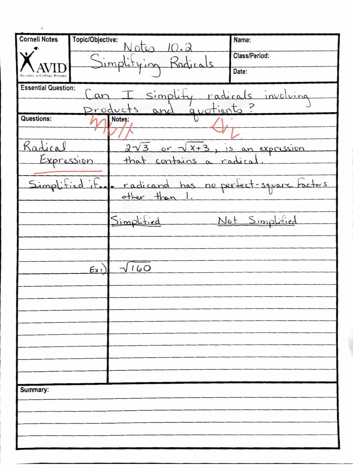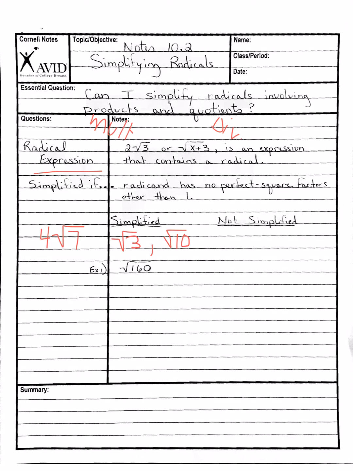So if we have the square root of 3, that is simplified. There's no other perfect square inside of the number 3 except 1. We could have the square root of 10. That is simplified. Or we could have a number in front, 4 times the square root of 7.